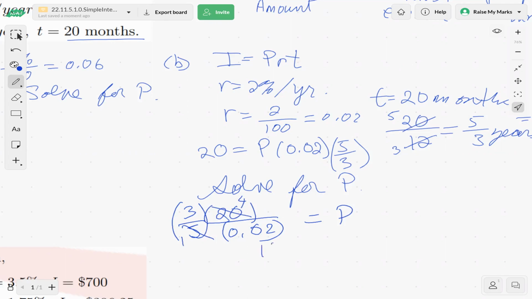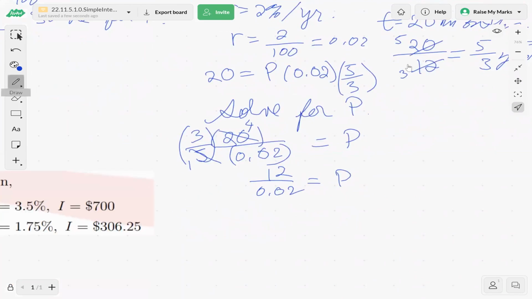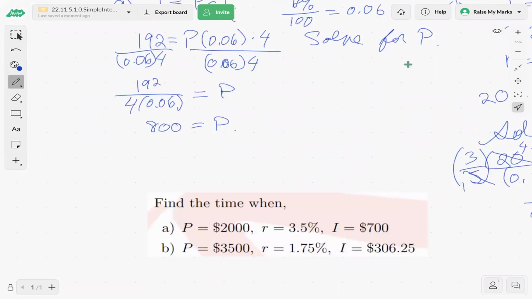We get 12 over 0.02. That's our principal. Figure out what that is. 600. Therefore, P equals $600.